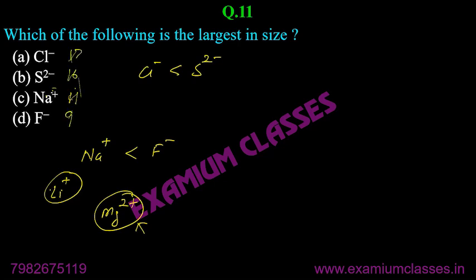If I am moving from 11 to 16 or 11 to 17, there will be greater force of attraction, so chlorine and sulfur ions should have smaller radii. No, here the force of attraction is not very high because the difference in number of protons is not too much as it was in lithium and magnesium. 3 to 12 is 4 times and 11 to 16, 17 is not even 2 times. So that's why these two will have greater size. And between these two, S2 minus will have greater size.